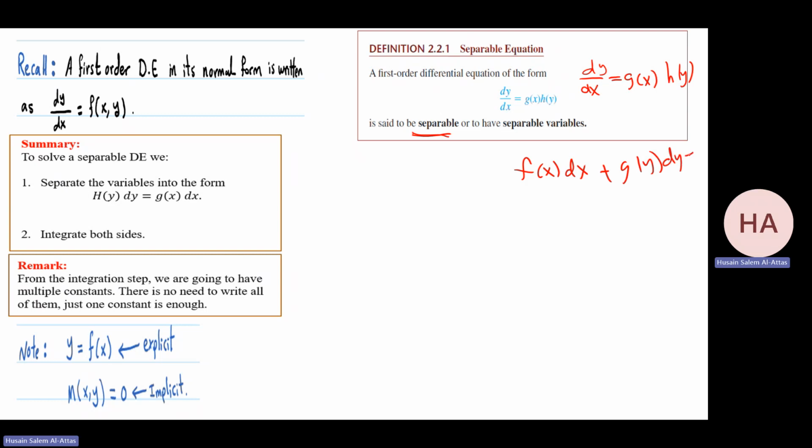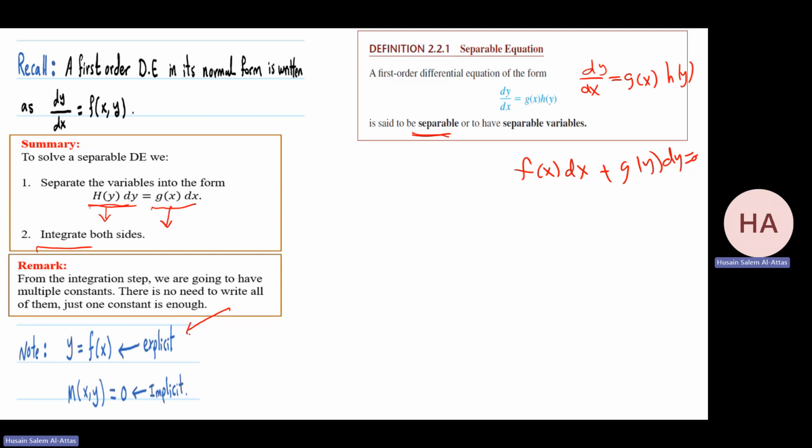I can separate the function of x with the dx on one side and the function of y with the dy on the other side. If I can do this, the idea of solving it is just what? Integrate. That's it. Nothing else. You just integrate, and you'll solve the differential equation. Note, usually when we integrate, we have a constant of integration. No need to have it in both of them. Just take it in one of them. That's it.